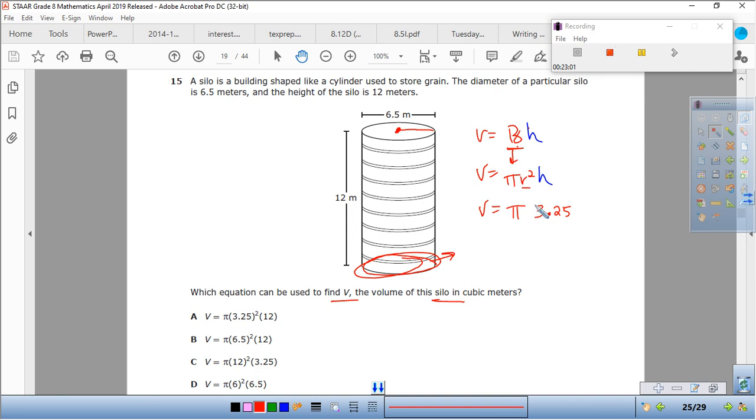Remember, it's squared. Times your height, the height of the whole thing, which is now 12. And now I just come back here and look for the 12. I like that one. Just FYI, the diameter is never used, and it has to be this one.